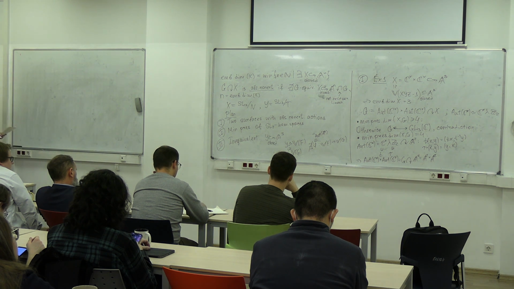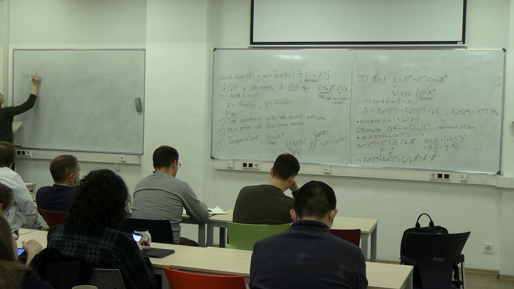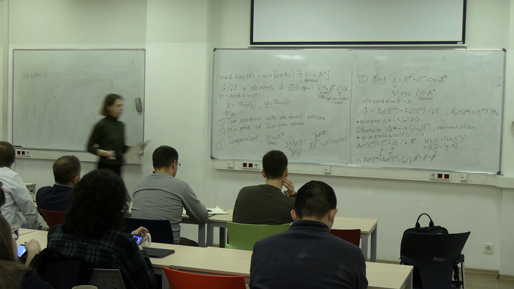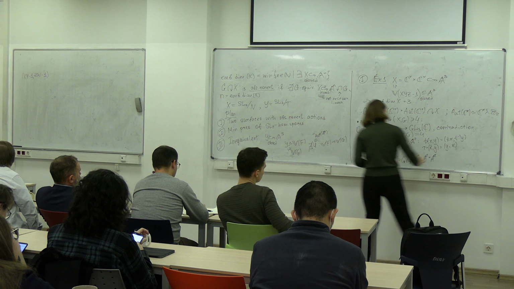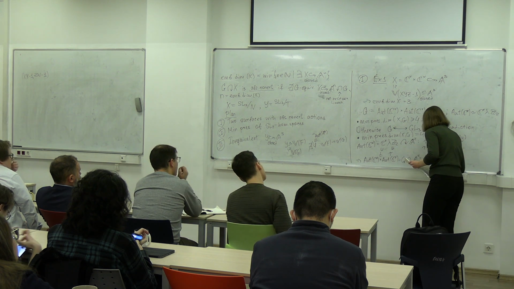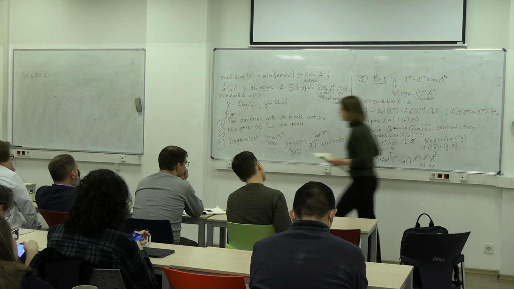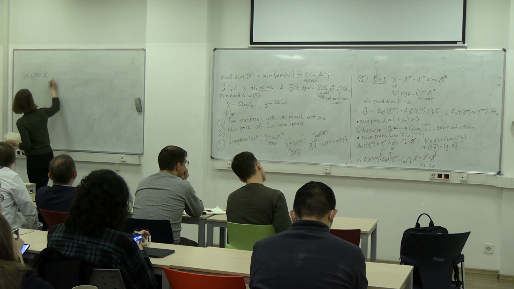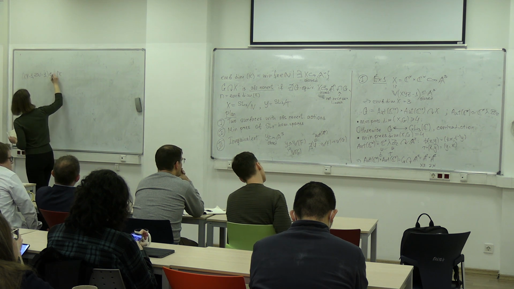Okay, then note that the ideal generated by xy minus 1 and zw minus 1, here we have coordinates x, y, z, w. Note that this ideal is G-invariant in the polynomials of x, y, z, w.